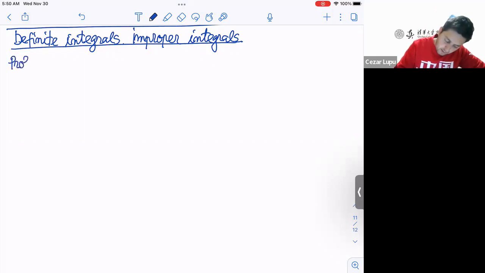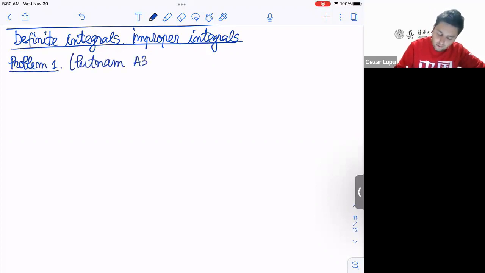So the first problem that I want to solve is this Putnam A3 in 2016. And well, I happened to be at Pitt at that time when my students took it. And the problem has the following statement.